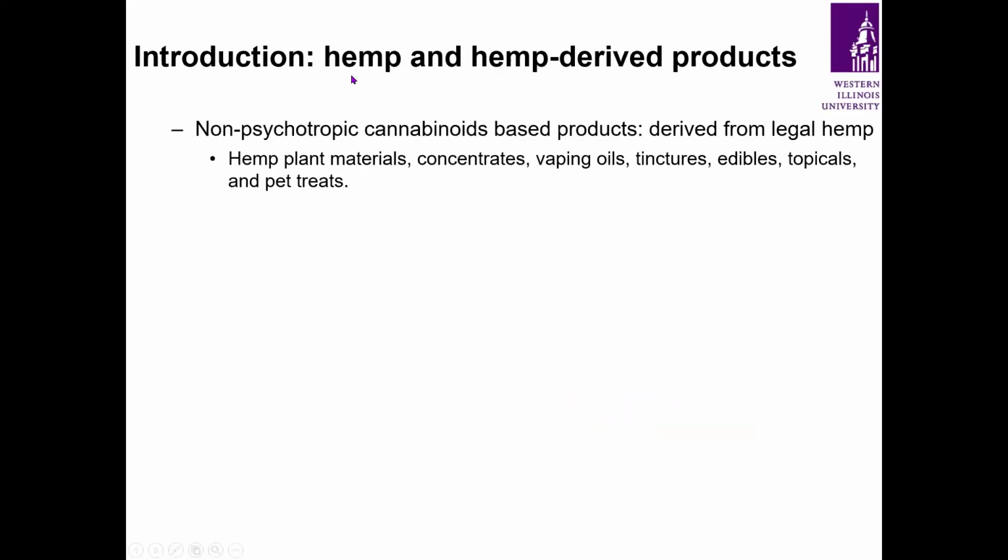Now, an introduction to hemp and hemp-derived products. Non-psychotropic cannabinoid-based products are derived from legal hemp, including hemp plant materials, concentrates, winterized oil, tinctures, edibles, topicals, and pet chews.